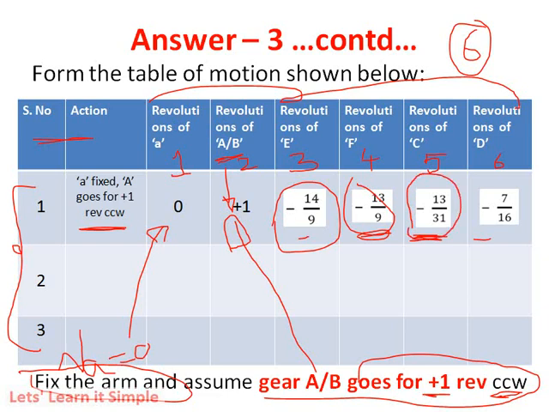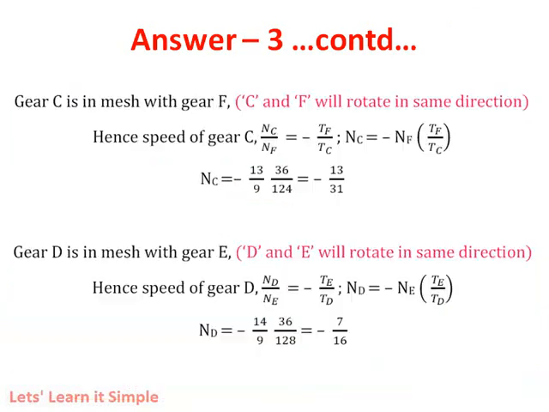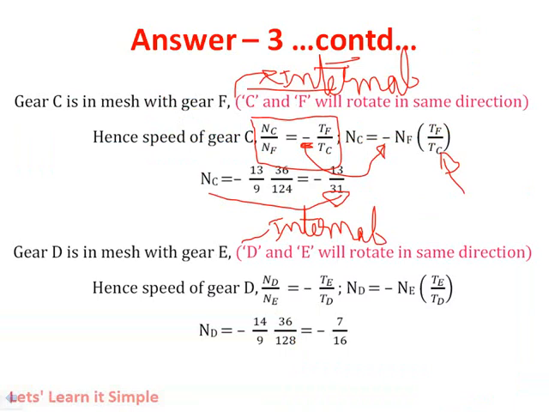And last we are left with gear D. How to get that one? It is similar to this one. Like gear C and F, gear D is also in mesh with E, and gear D is internal. Therefore, gear D and E will rotate in the same direction.